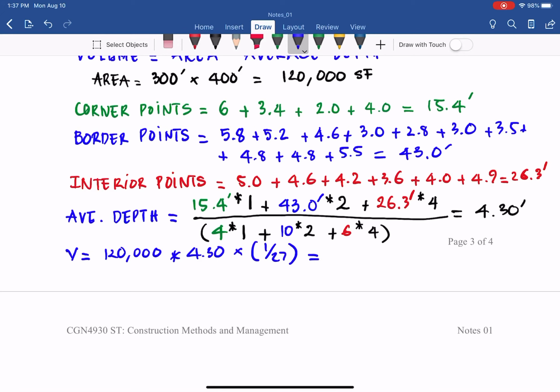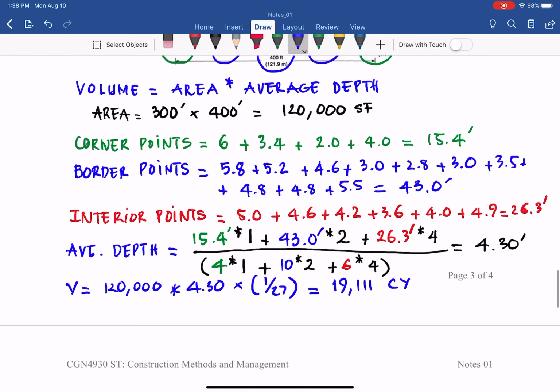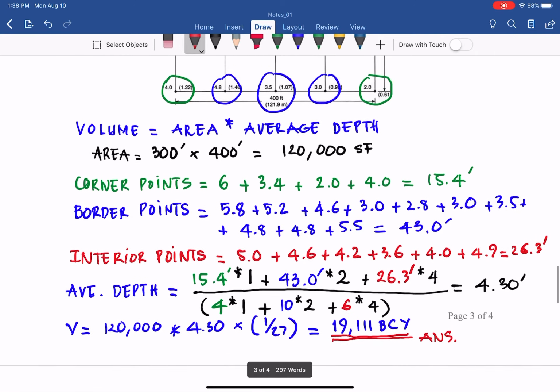From that we have 19,111 cubic yards. But keep in mind, in this case, this is the geometric volume of the excavation in its natural condition before you excavate. So the unit here should be BCY, bank cubic yards. Keep that in mind, because as you studied in the first topic, soil volume change characteristics, bank cubic yard, loose cubic yard, and compacted cubic yard are not the same. With that, we are done with the excavation of this.